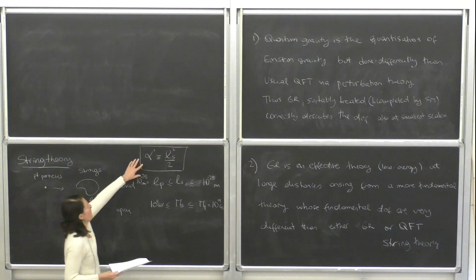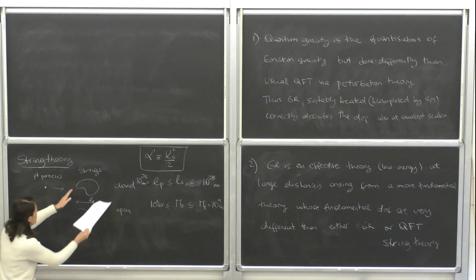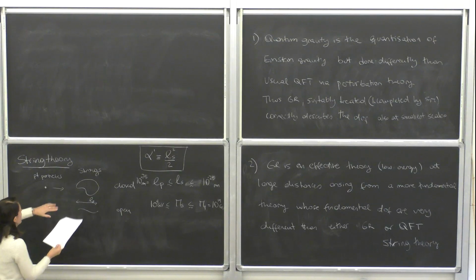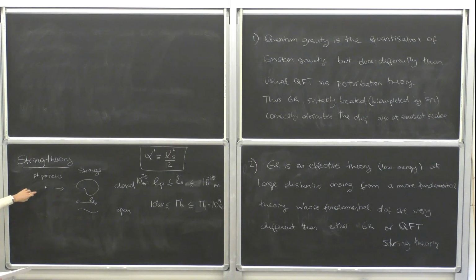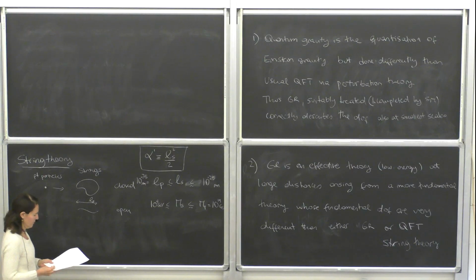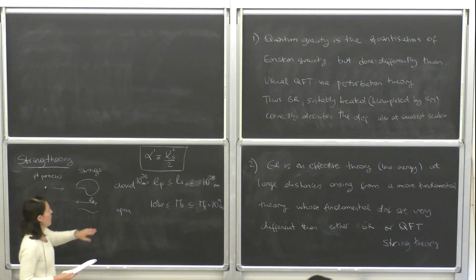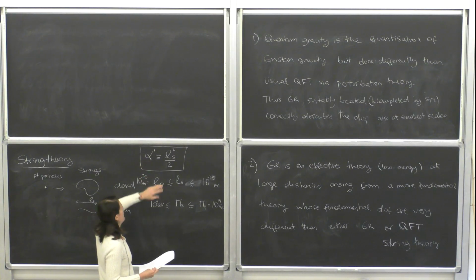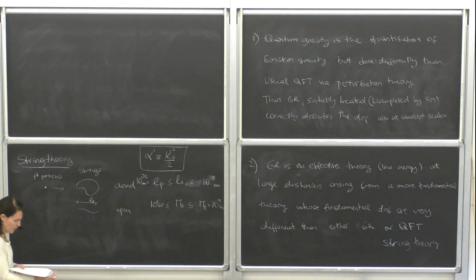We'll talk about alpha prime going to 0, which is like seeing the point particle limit of the string. So from now on, I will mostly write alpha prime instead of L string squared.